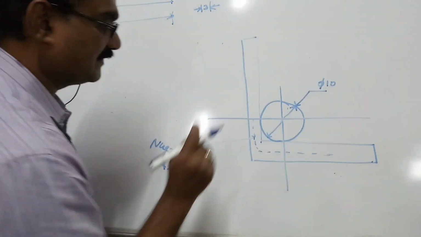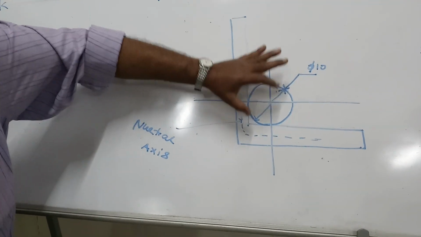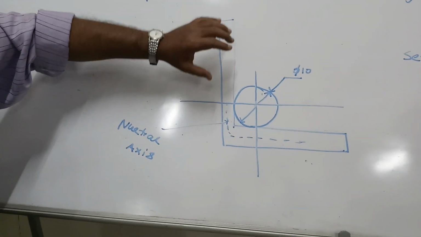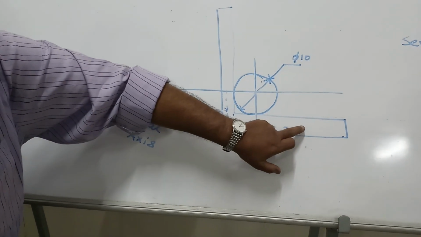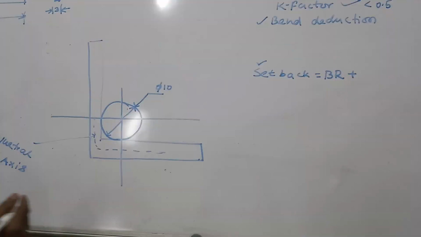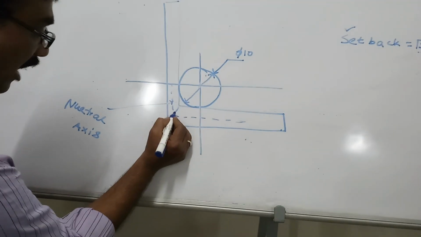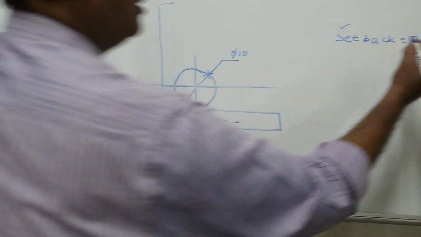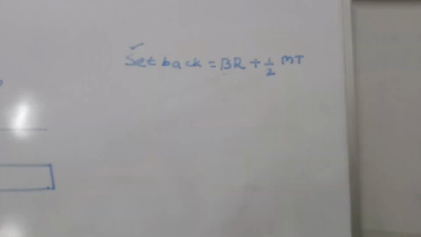So this is the radius. Listen carefully. This is the radius which we need to form, or bent radius exactly, and this is the neutral axis. Right? Now setback term is defined as bent radius plus half of the thickness of the material. Half of the material thickness.